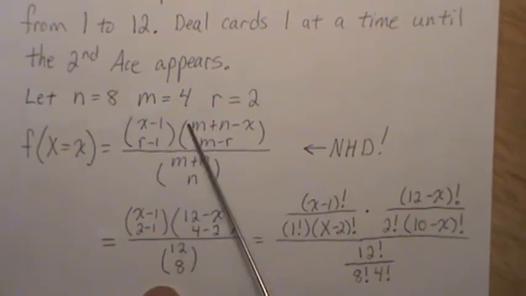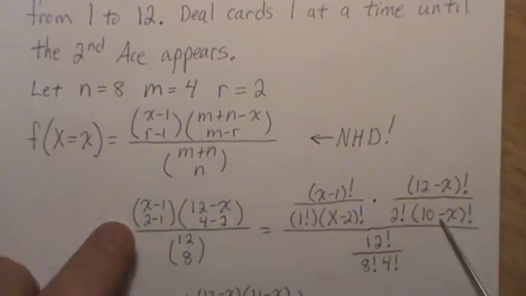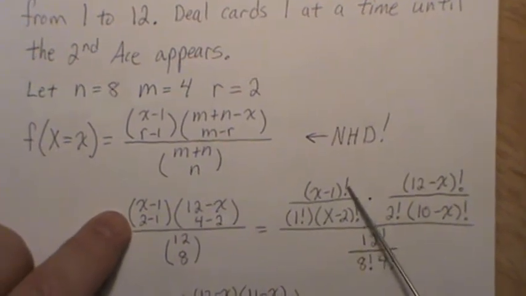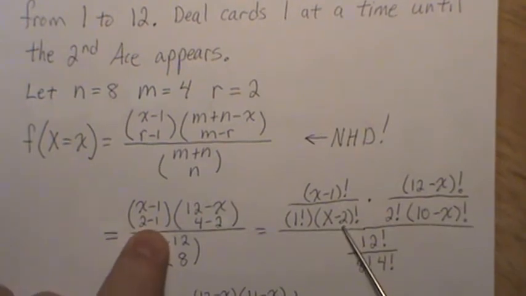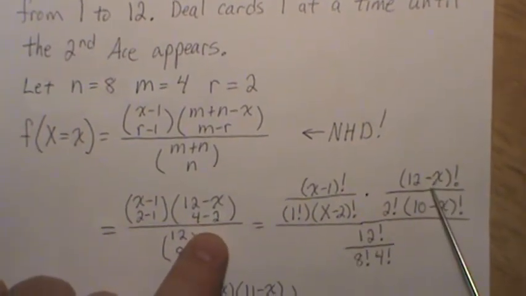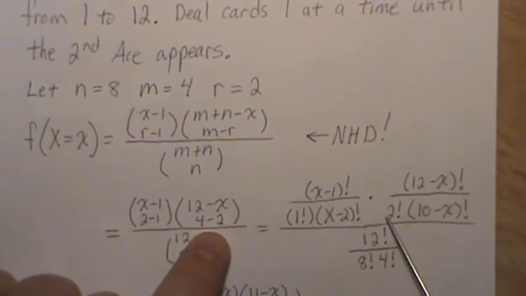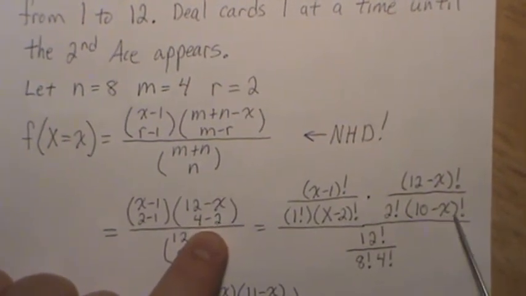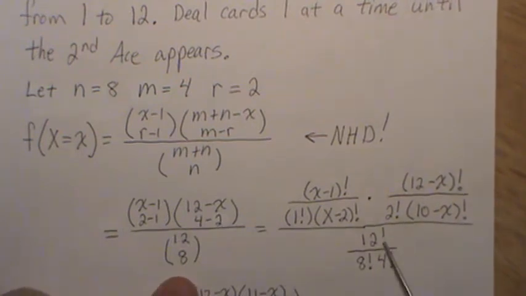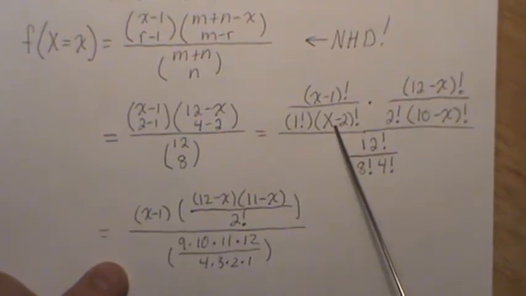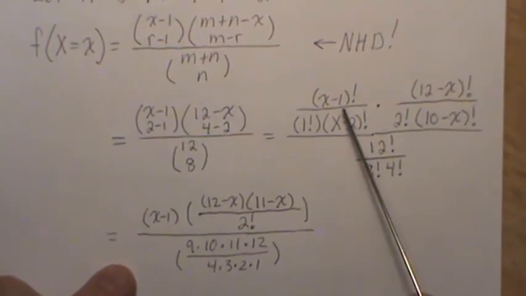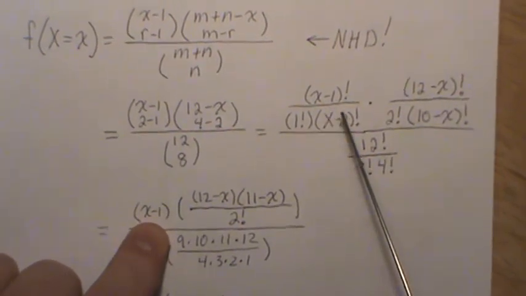Those are combinations. This here is x minus 1 factorial over 1 factorial times x minus 2 factorial, and this is 12 minus x factorial over 2 factorial times 10 minus x factorial. That's what we get from here. And this is just 12 factorial divided by 8 factorial times 4 factorial. Now when we simplify this, the 1 just goes away, and all of these cancel with all of those but one of them.